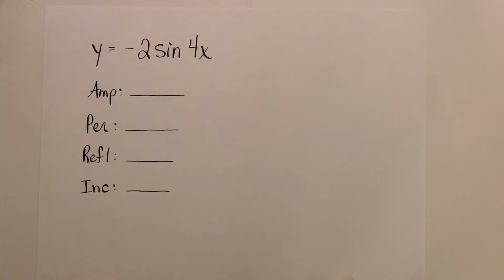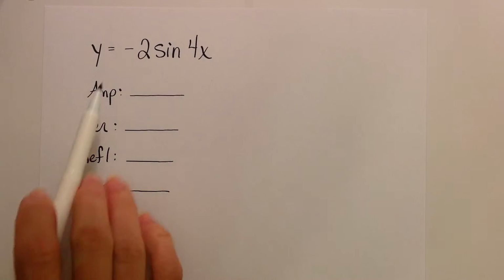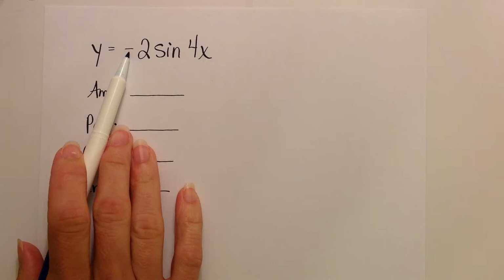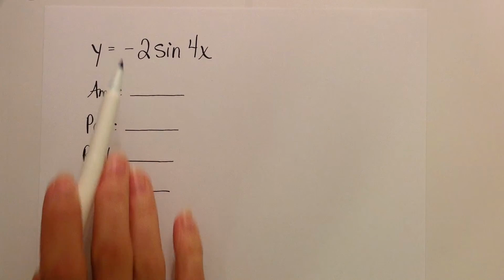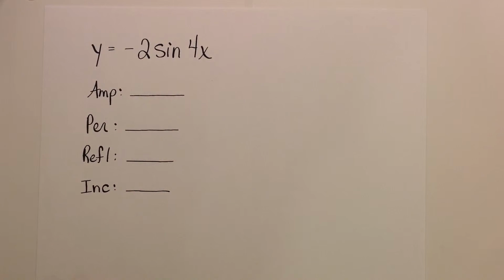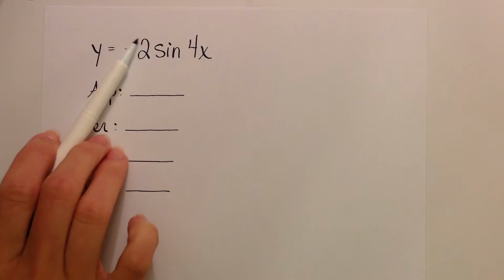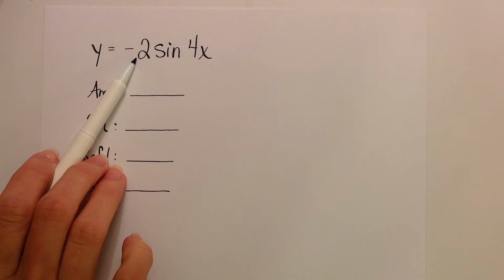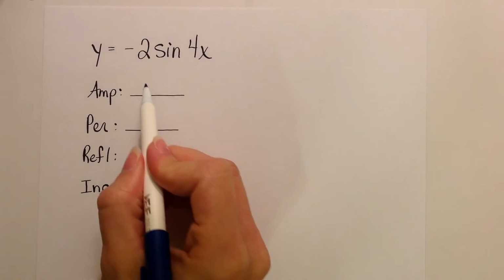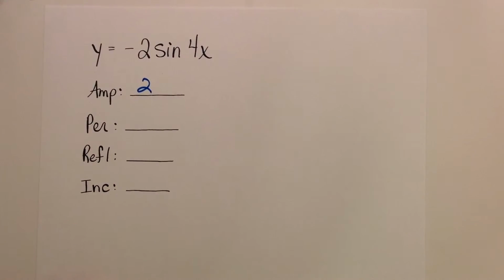Okay, now this time the only thing that's going to be different is us having to deal with the negative here. So if you remember and you look back at the definition for amplitude, it said absolute value of A, because the A value you have here is -2, but the absolute value of -2 is +2. Amplitude's always going to be positive. Okay, period.